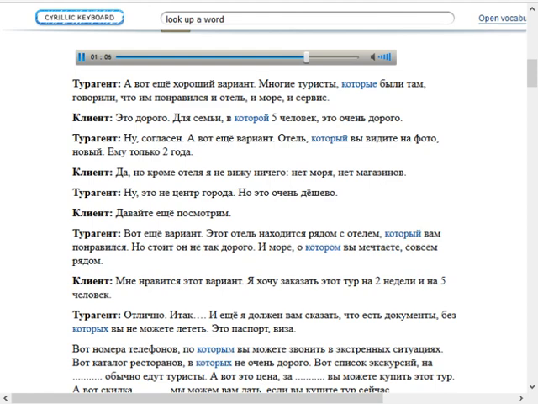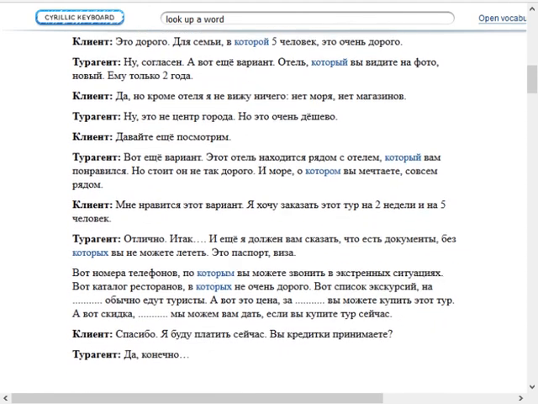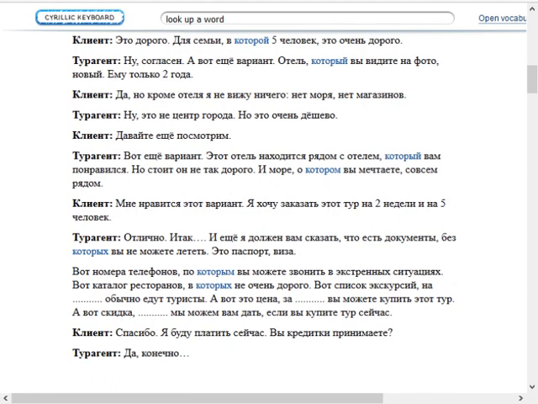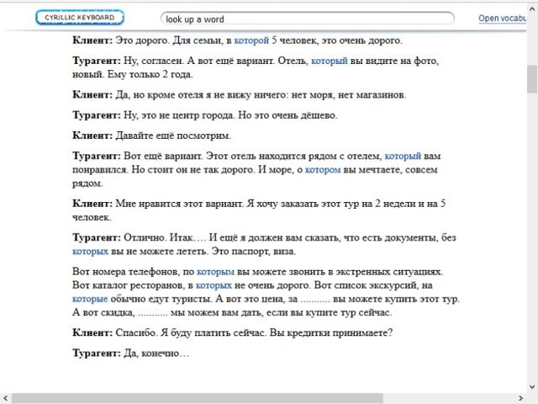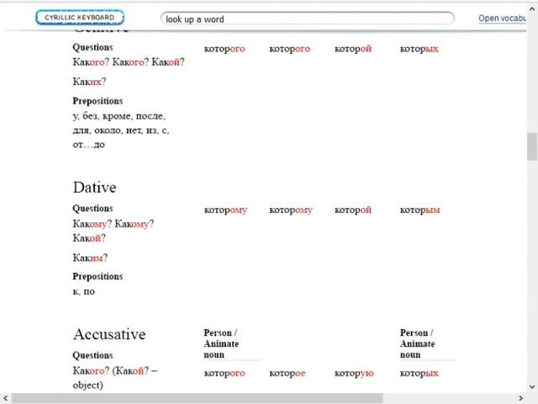Вот список экскурсий, на которые обычно едут туристы. Okay, вот список экскурсий. Here's a list of excursions, or a list of trips, like a list of travel tours. Okay, what is the word here? На которые. And once again, this should be plural because it's a list of excursions, so it's plural and using na.